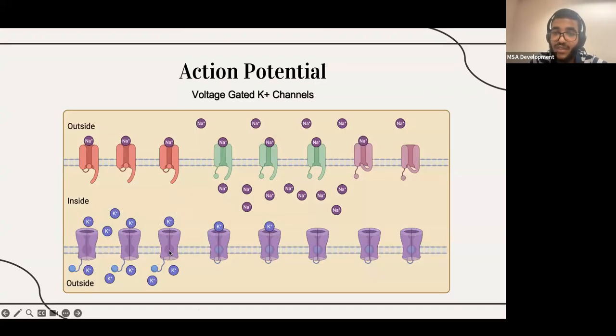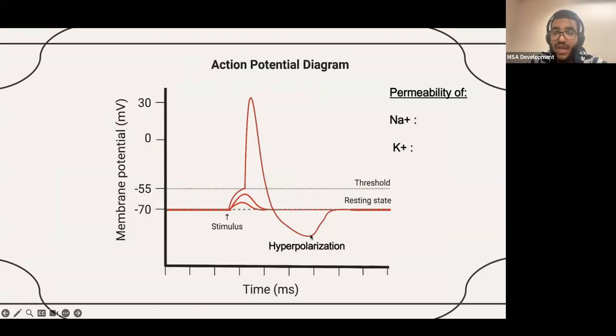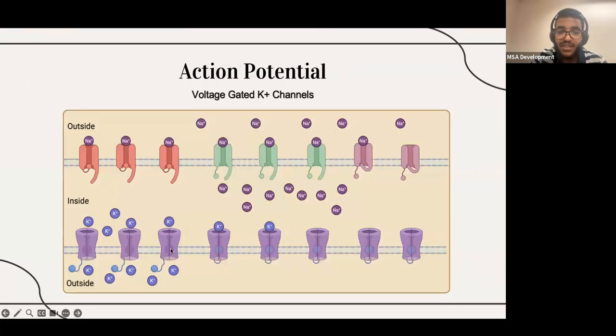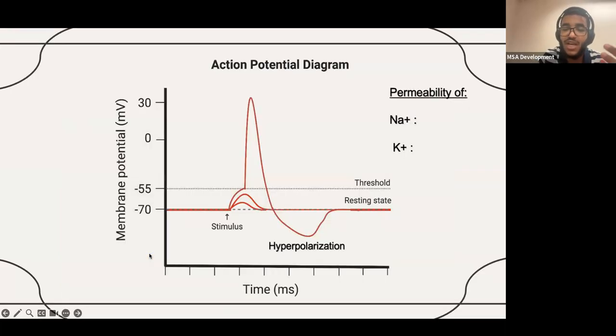It will keep going out until it reaches its equilibrium potential. If you remember, we said that potassium's equilibrium potential is minus 90, and it will do whatever it can to get down to minus 90. Now that the potassium voltage-gated channels close slowly, they have the chance to leave even more, even after the resting membrane potential. And this is what causes the hyperpolarization state.